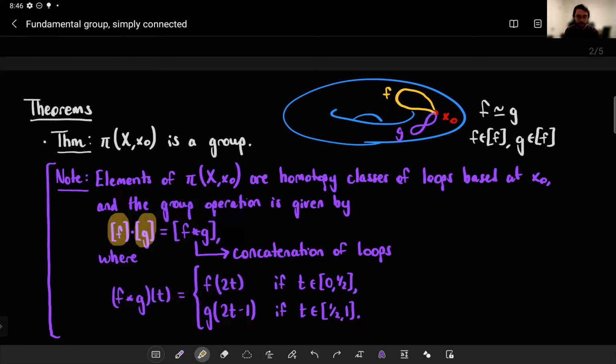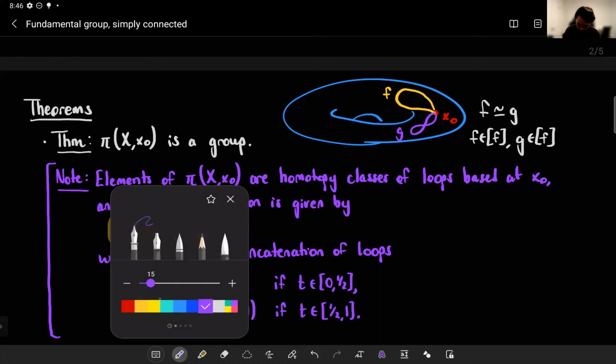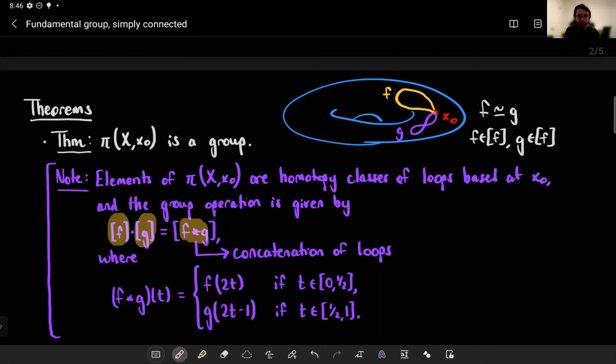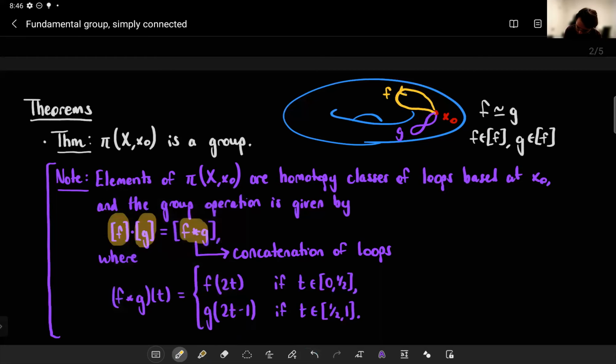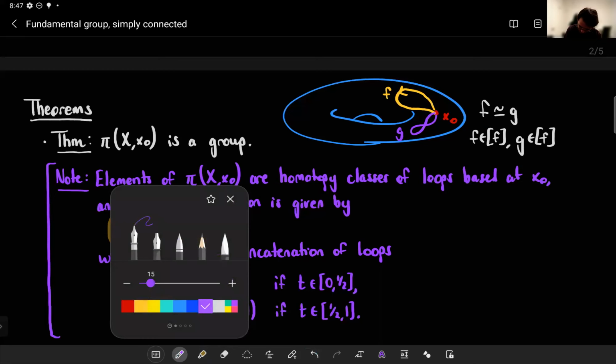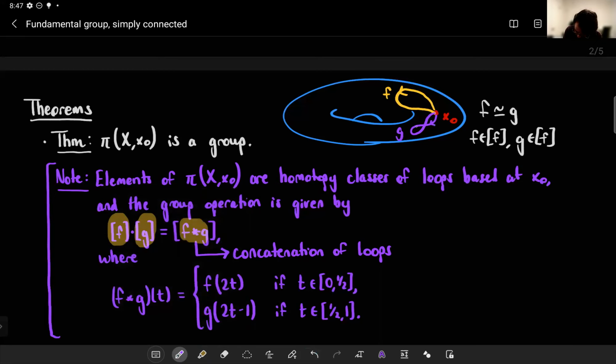So given two loops f and g, first of all, let's forget about this equivalence class and just look on the inside. Really, I'm just taking individual loops at this point, f and g, based at x0, and concatenating them. So effectively what that means is I'm starting at x0 still, and concatenation of loops, let me give these things a direction first of all. Let's say f was traversed in that direction, and g went like this, back this direction.